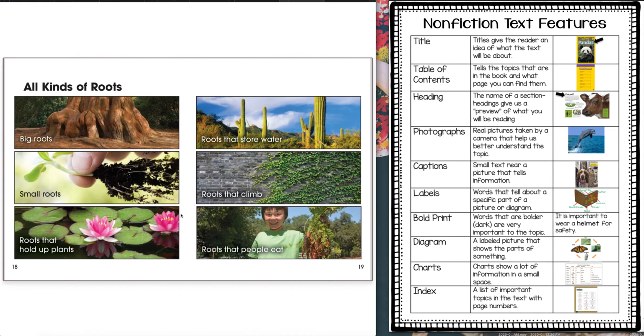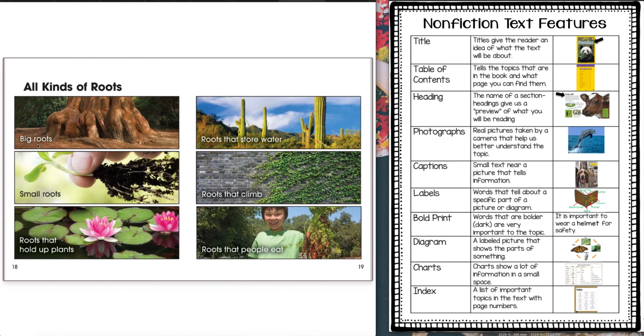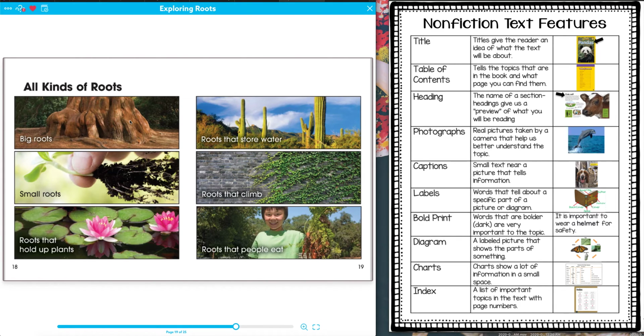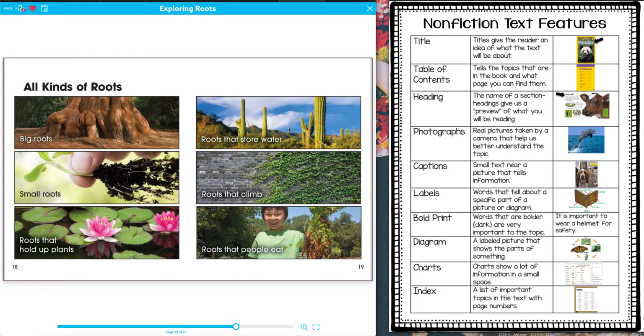So this is a type of glossary. It is a picture glossary. So when it tells me my word, it gives me a picture so I can see what it is. Big root, small root, roots that hold up plants, roots that store water, roots that climb, roots that people eat.